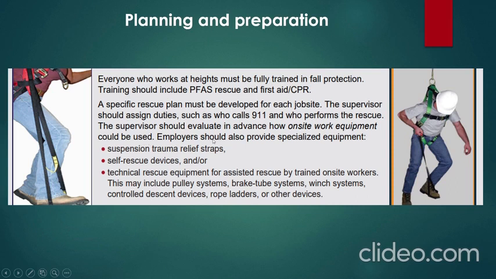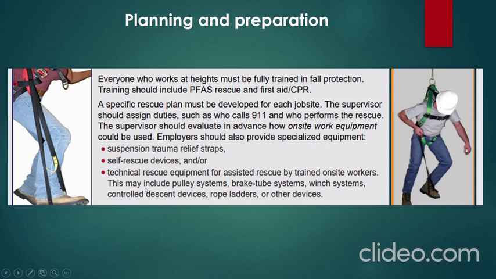Employers should also provide specialized equipment. Suspension trauma relief straps should be available or provided for each worker who is working at height. A self-rescue device can be used to rescue the fallen worker. Technical rescue equipment is for assisted rescue by trained on-site workers.